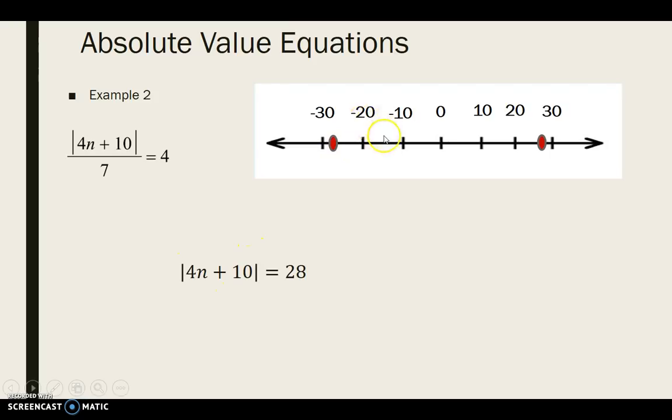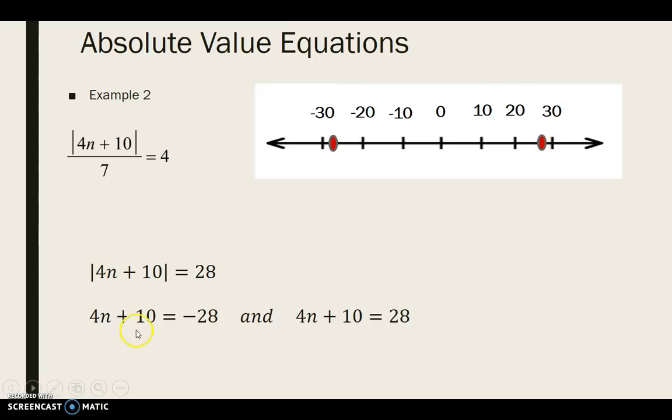This expression starts at negative 28 and at positive 28. That's not the solution yet. This is just helping me understand what I should set 4n plus 10 equal to so I can solve. So 4n plus 10 equals negative 28 and 4n plus 10 equals positive 28.